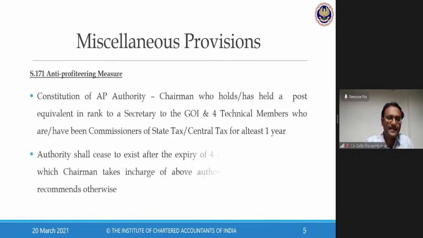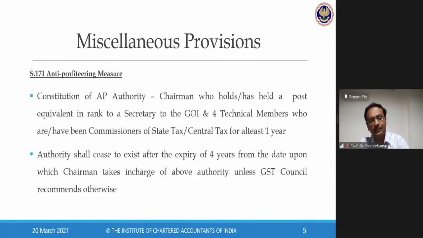Next. As I said, there is an authority. As of now, government has said from the date of commencement, that is since July 2017, 4 years, they have given a time limit for this authority to continue. As of now, if you see the composition of this authority, there is a chairman with 4 technical members.